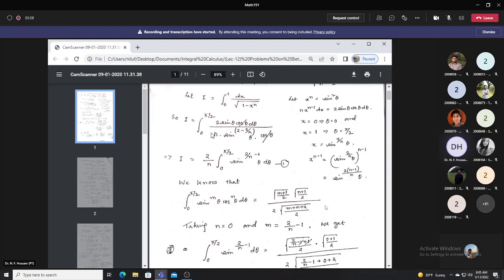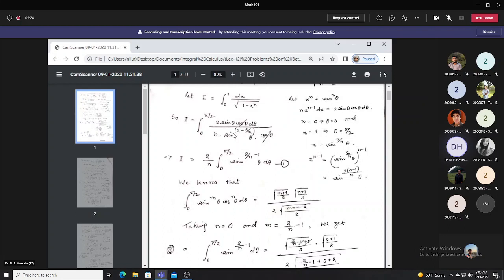You see the limits of the integral are changing from 0, 1 to 0 to pi by 2. Dx means 2 sine theta cos theta d theta divided by n into x to the power n minus 1. So we put it here, and from the factor root over 1 minus x to the power n, we are getting cos theta. So cos theta is cancelling out.